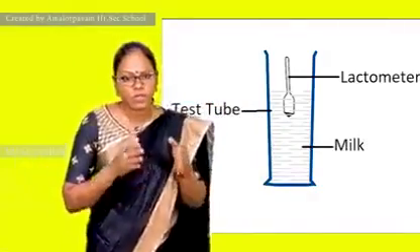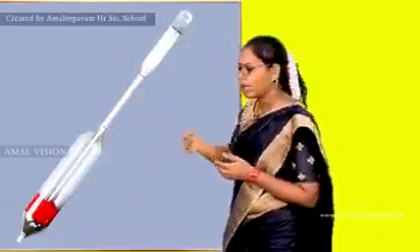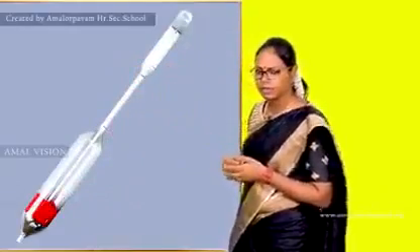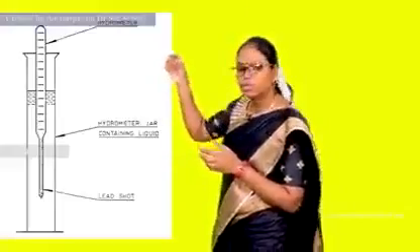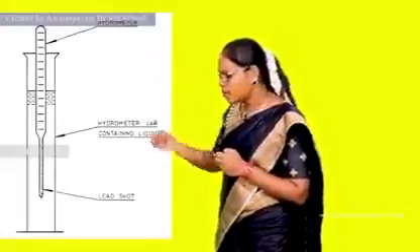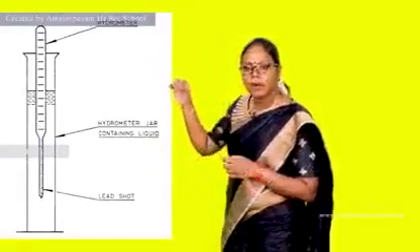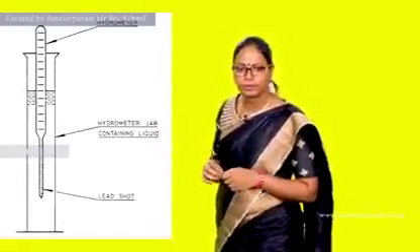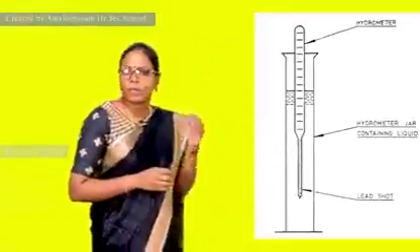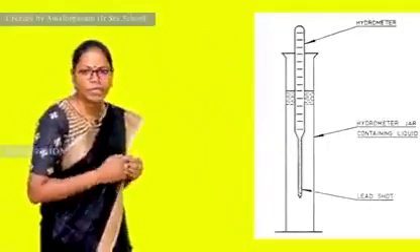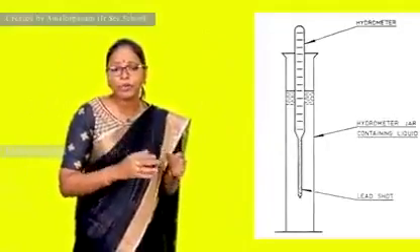The construction of this instrument is very unique, as there is a long vessel, a test tube, and a meter bulb. You can see here. The graduation ranges from the top, that is 15, to the bottom reading of 45. It is attached so that whenever milk is poured into the vessel, the meter bulb starts floating on it.